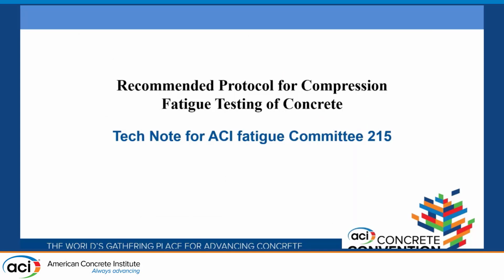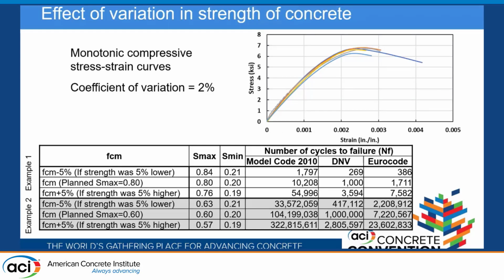So we are recommending a new approach to set this loading. For setting the loading, we are using the strength. If we do 5 good monotonic tests, we take the average, and based on that, we define the loading of constant amplitude testing. For a normal concrete, the coefficient of variation of the strength is about 2%, meaning 5% plus or minus.